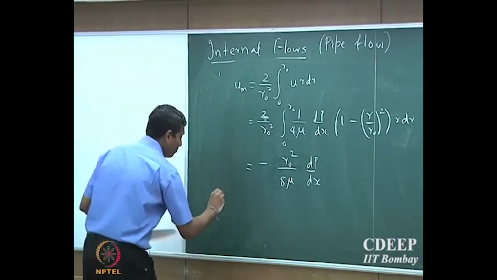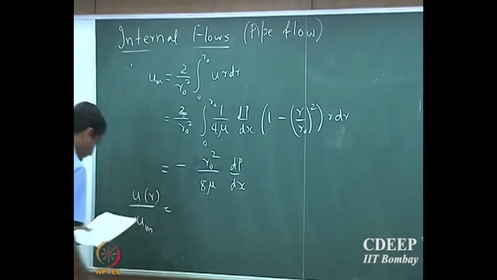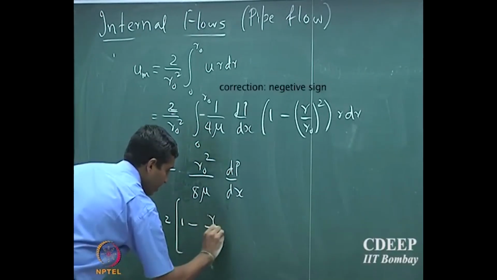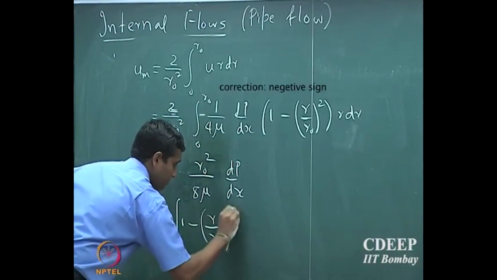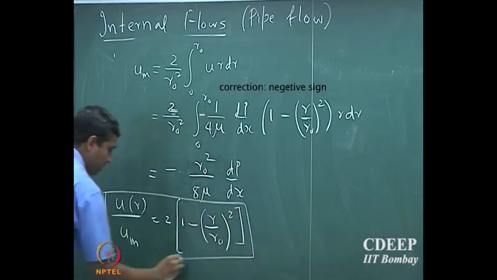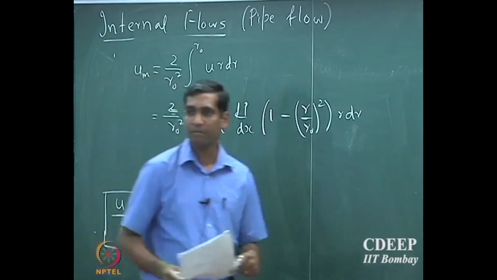So therefore, u by um is now given by 2 into 1 minus r by r naught the whole square. So that's the velocity profile in the fully developed region. Okay, is that clear to everyone? Any questions on this so far?